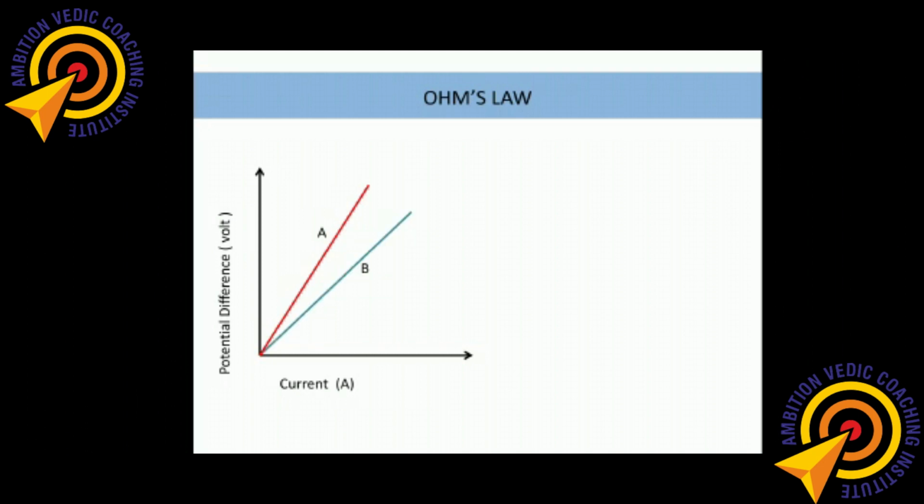For the second wire, B, this is again a straight line passing through the origin, which indicates that the second wire also obeys Ohm's law. And wire C is also a straight line and obeys Ohm's law.